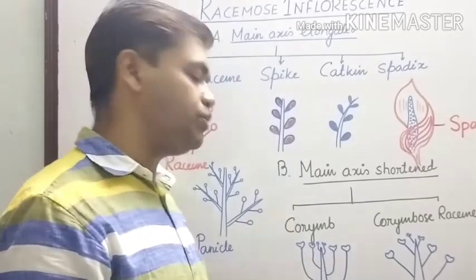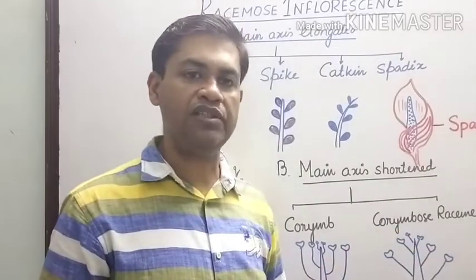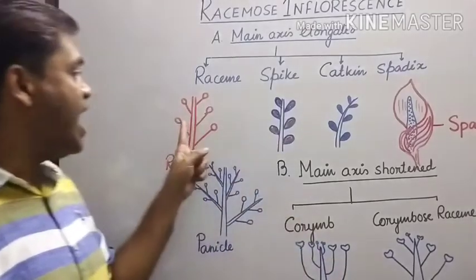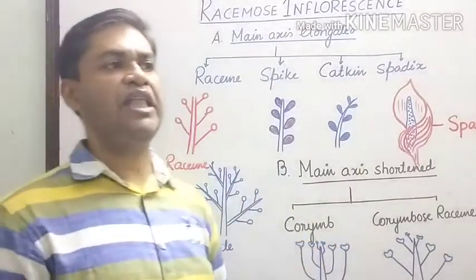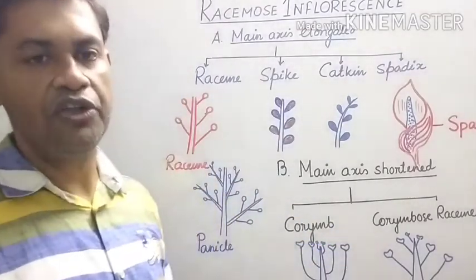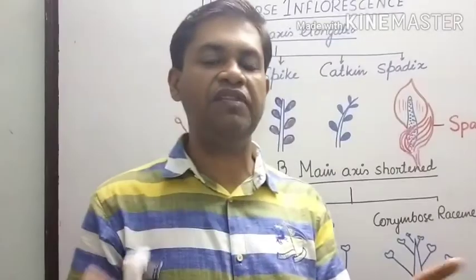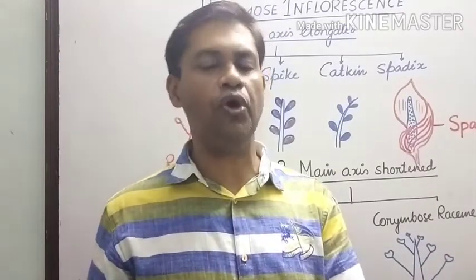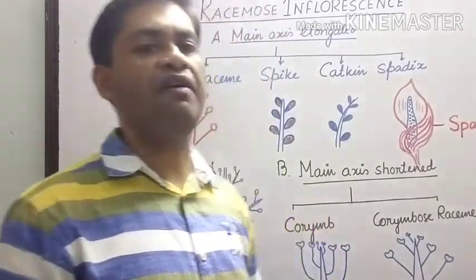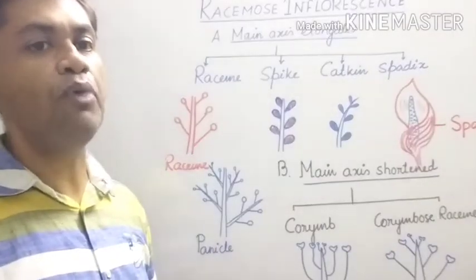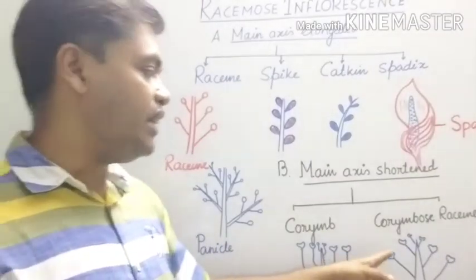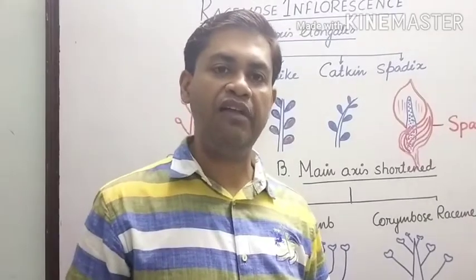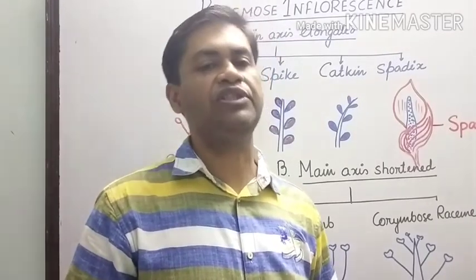But unlike the corymb they do not come into the same line, rather like a raceme they have that characteristic nature. So they combine the characteristics of both corymb and raceme, and that's why we call it the corymbose raceme. This type of inflorescence is found in the mustard plant.